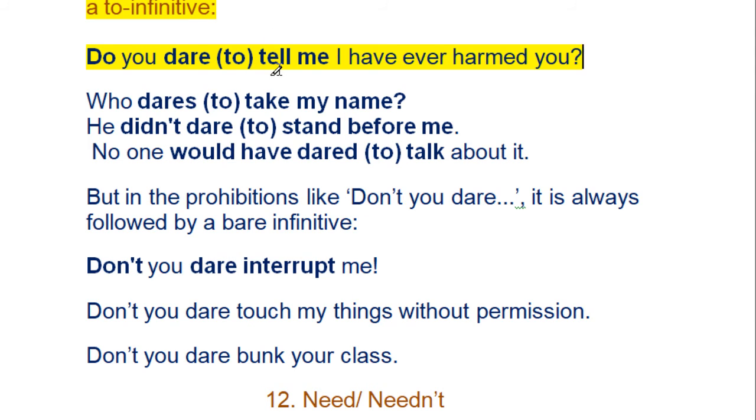Tell is a bare infinitive, or to tell is a to infinitive because to is expressed in it. So do you dare tell me I have ever harmed you, or do you dare to tell me I have ever harmed you? So in this sentence dare has been used as a main verb and it has been followed by a bare infinitive or a to infinitive.